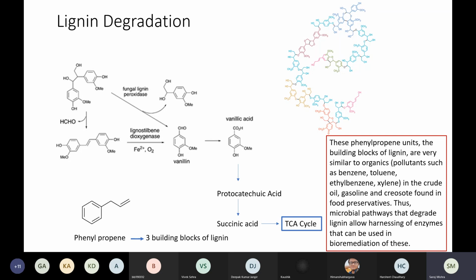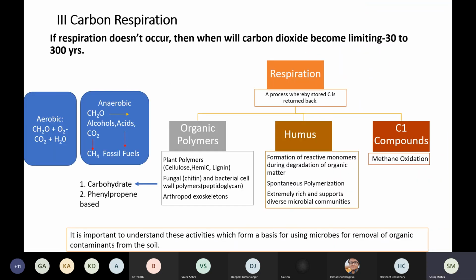So this lignin, which is a part of the plant polymers, consists of extremely complex aromatic molecules, like you see. All of these are basically derived from phenylpropene. That's the structure of phenylpropene. That's the reason why in the last slide I said all of these polymers are either carbohydrate polymers or phenylpropene.